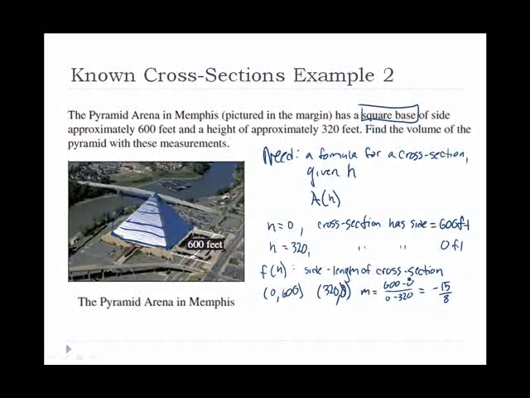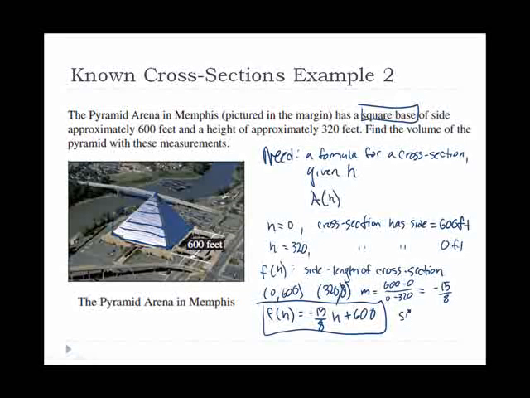It's a negative slope because it's a decreasing function. We have a large side length at first, then smaller and smaller, up to 0. So our function is going to come out to be negative 15 over 8 h plus 600. Remember that this represents the side length of a cross section.